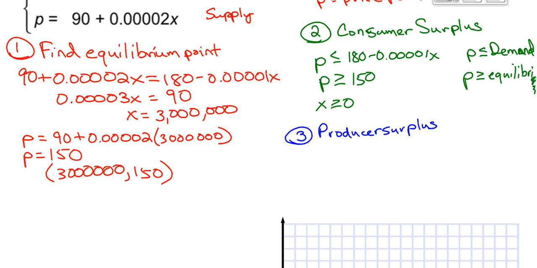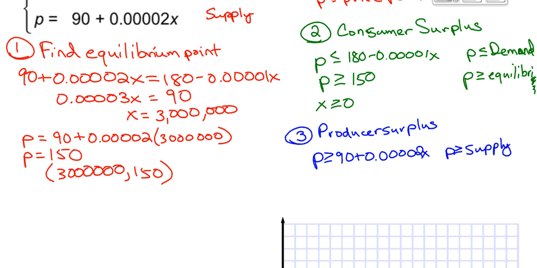So P is greater than or equal to the supply.